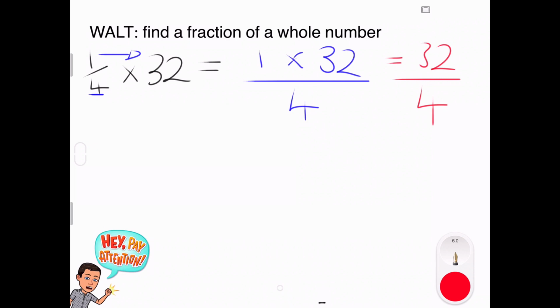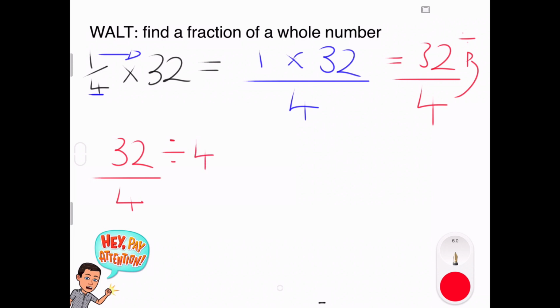To do that, we're going to divide our numerator by our denominator. Okay, we're going to divide here. So it's 32. Remember, our denominator stays the same. But we're going to divide our numerator by our denominator.